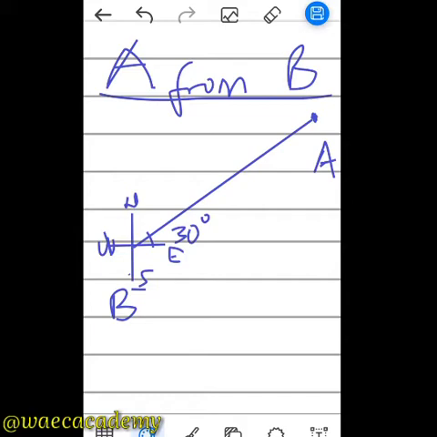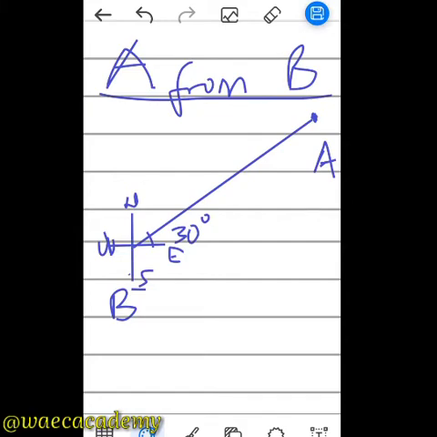And why is A the place we are going to? If you see from the question, it says A from B. That is, B is the starting point. You are going to A. So the angle between A and north will be the bearing of A from B.